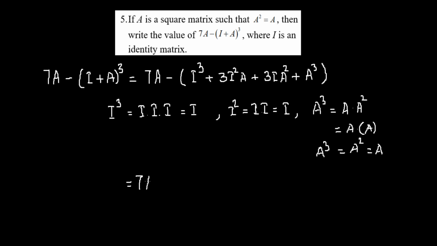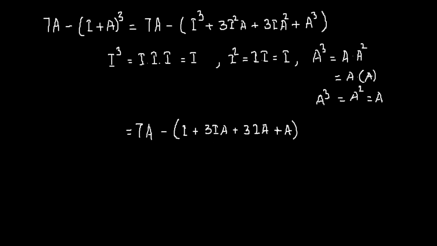So that gives us 7A minus of I plus 3 I's of A plus 3 I's of A plus A. Also, we know that an identity matrix multiplied to a matrix gives the matrix itself.